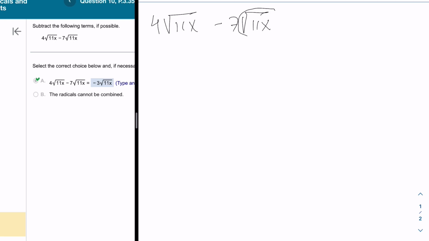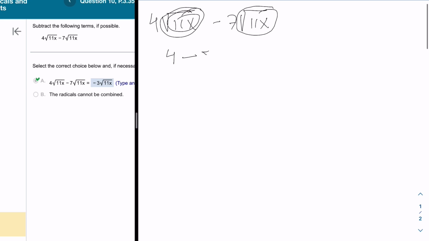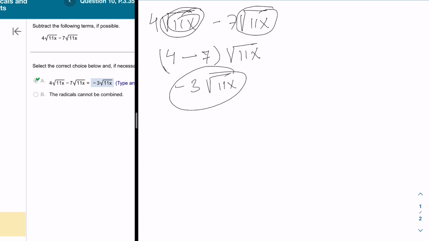Look here, root 11x and root 11x, they have the same, so these are like terms. And if these are like terms, we can subtract. We can take this as a single variable. So what we can do is take the common root 11x, right? So 4 minus 7 means minus 3 root 11x. Yeah, this is the answer, because these two are like terms, that's why we could do that.